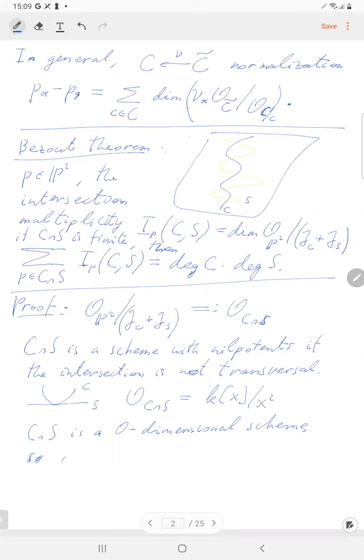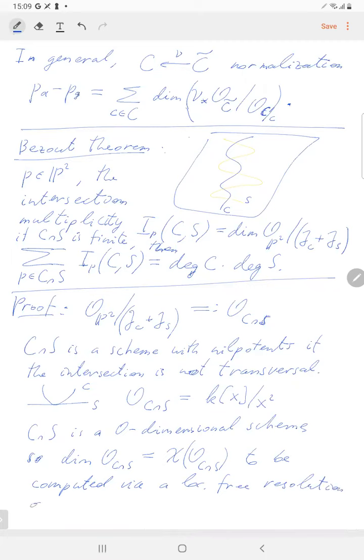So the dimension of O is just the Euler characteristic of O, and it can be computed via resolution. Locally free resolution on P2.